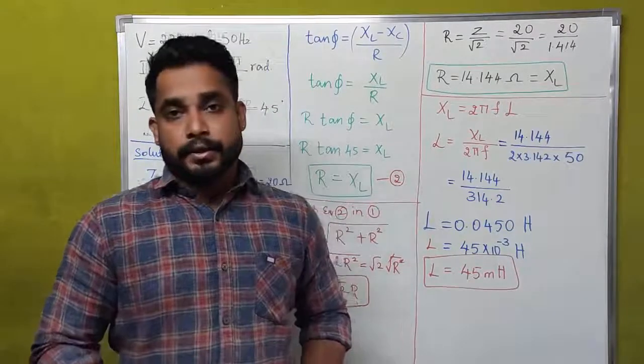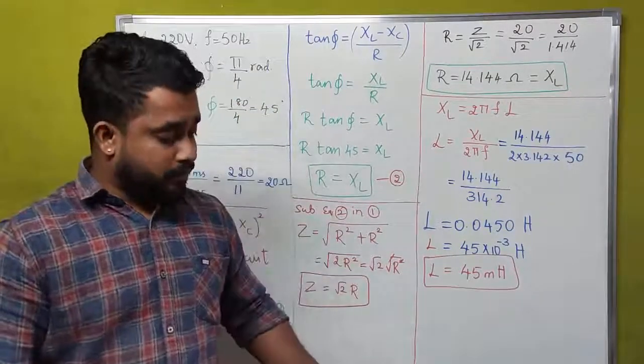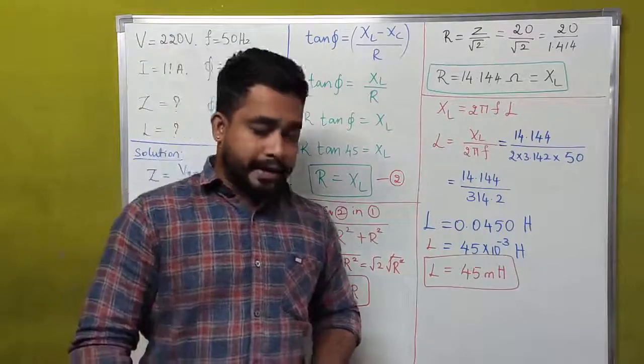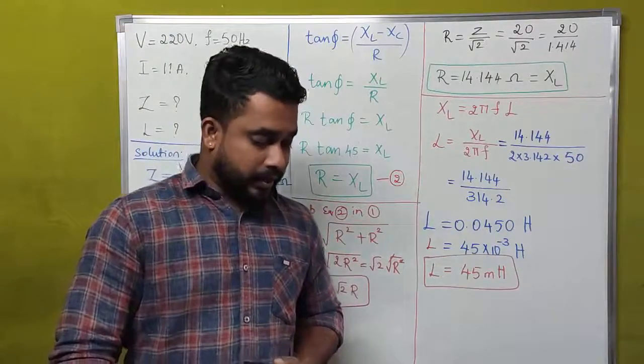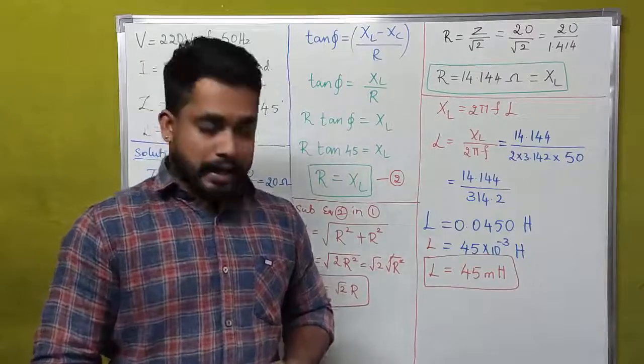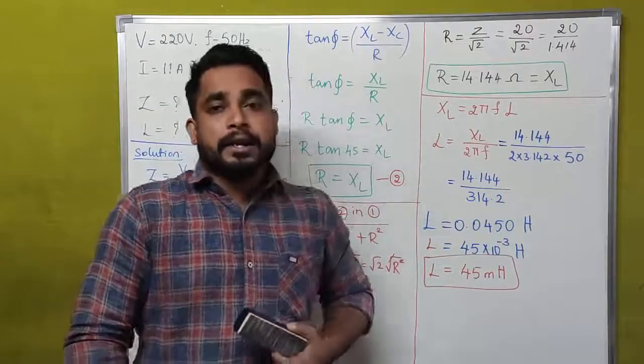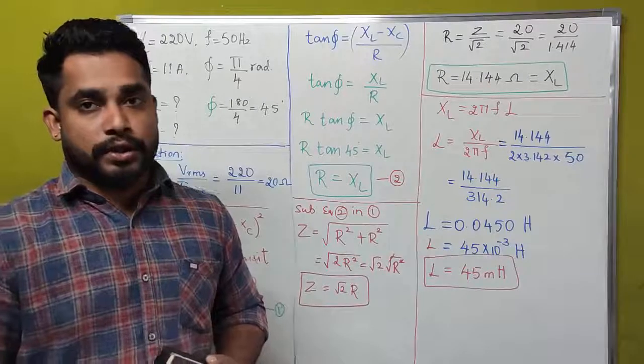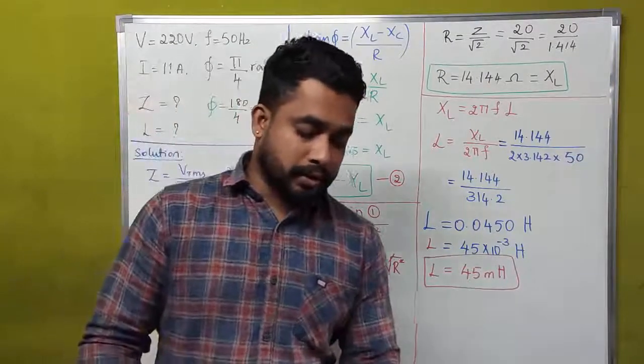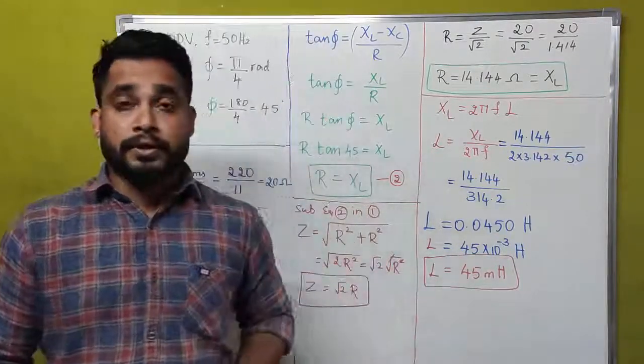Now what we have to find out is the value of resonant frequency, calculate the impedance, current and power dissipated at resonance. These are the answers which we have to find out right now.